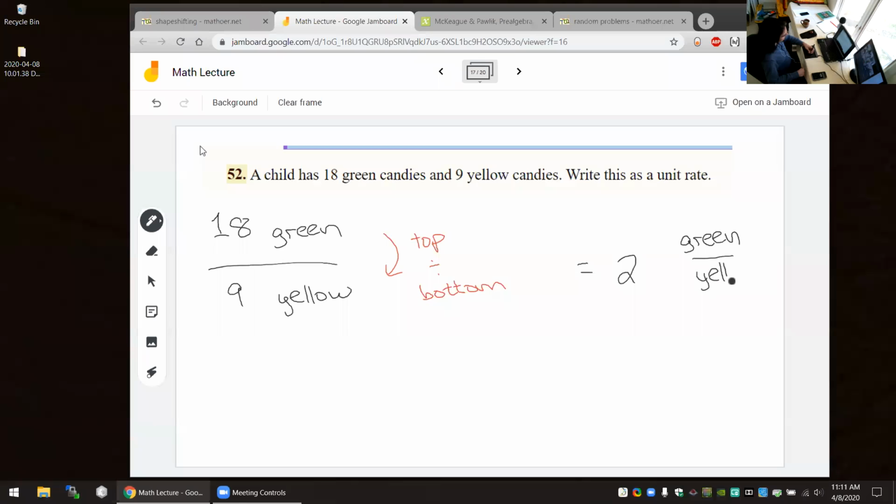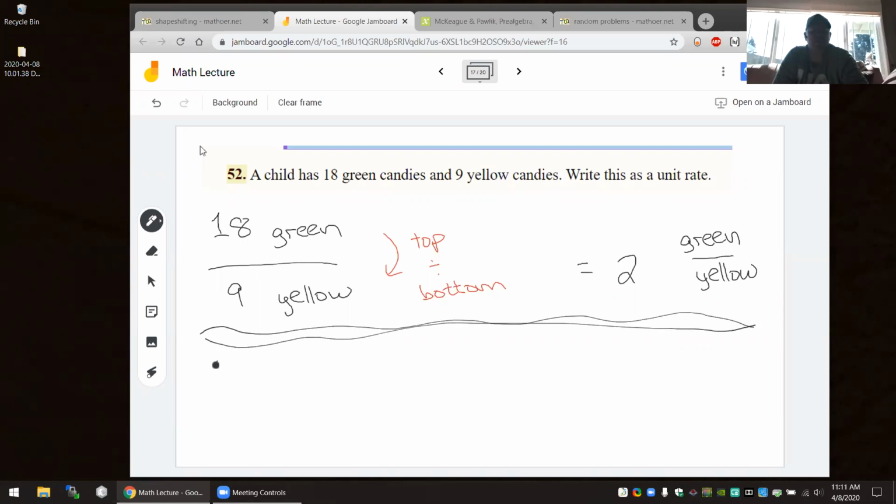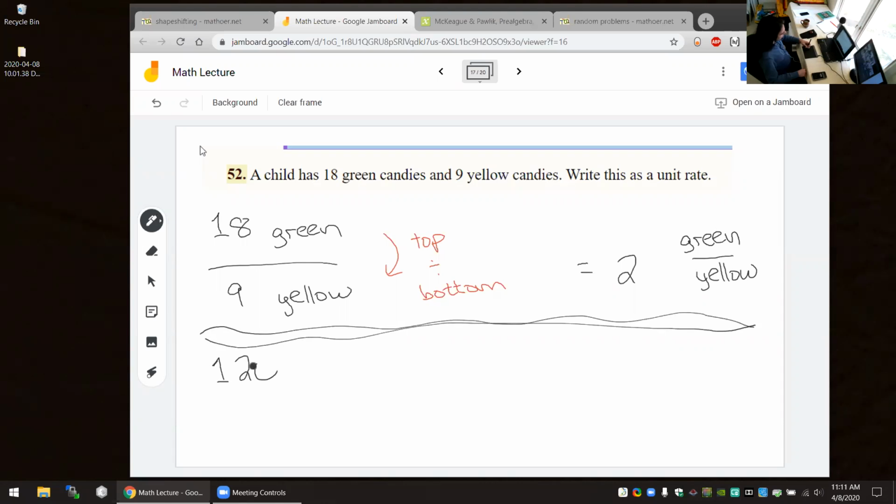You might say, I don't care about green and yellow candies. Let's do a different example. So sure. If you're driving all the way to Portland, anyone know how many miles it is off the top of their head? Isn't it about 120 from Eugene? Roughly, yeah. So I'll just use 120.